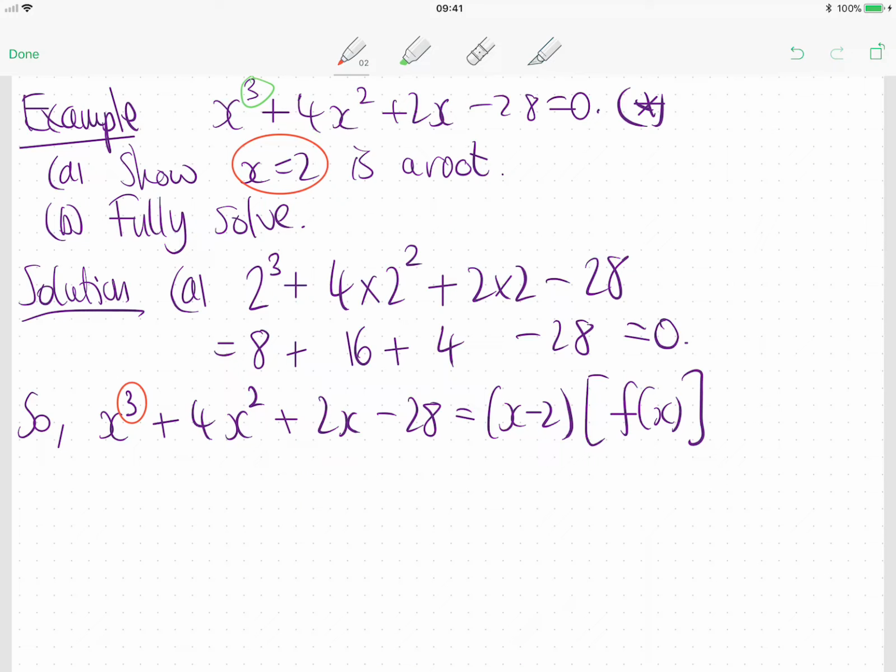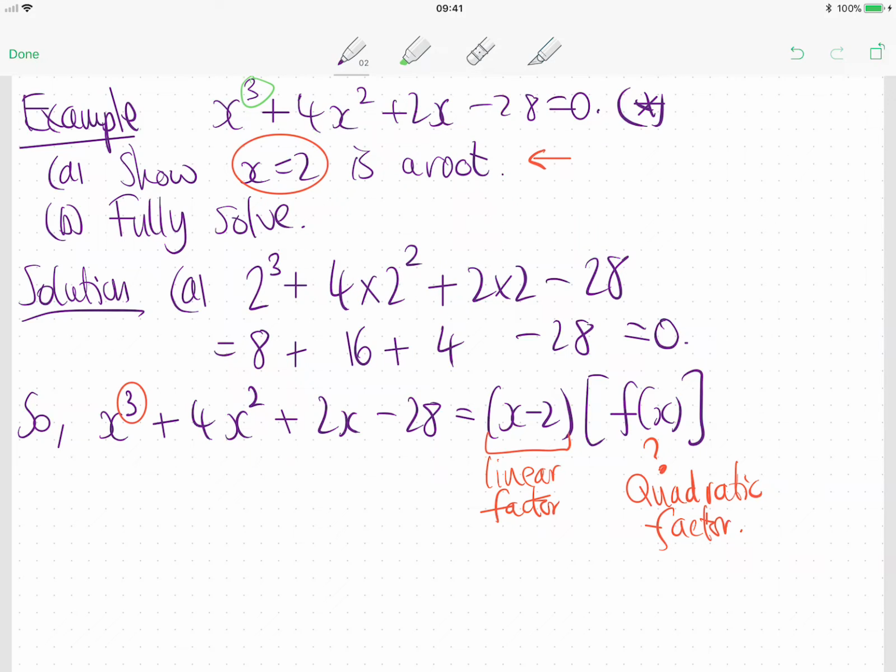On the right hand side we have this linear factor, and we got this from part A. I know if we put 2 in we get 0, so x take away 2 must be a factor. And I don't know what this function f is, but I know it should be quadratic. There's a quadratic factor which we need to find. So that's the next task, finding this quadratic.